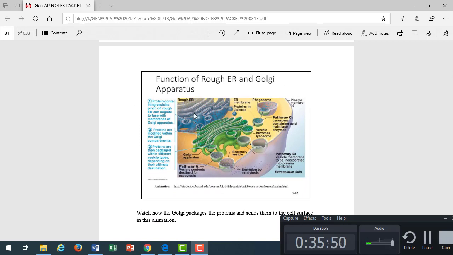So here we can see the rough ER is where the proteins are made by the ribosomes on the surface. The rough ER modifies them, packages them. They're taken up by the Golgi apparatus here. You can see this one, their membranes fused. The Golgi apparatus packages it into a secretory vesicle, and then it's exported by what process would we call that? Leaving the cell through a vesicle? Exocytosis. Very good.